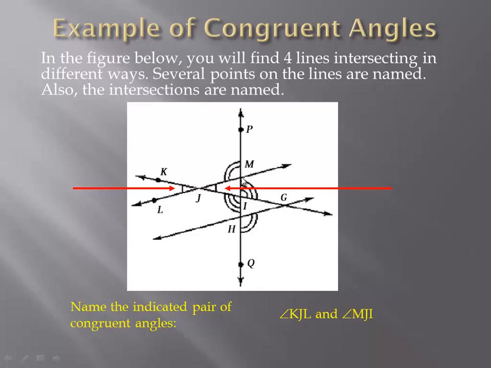So this intersection is called M, this intersection is called I, this one is G, this one is H, that one is J. So the red arrows are pointing to 2 congruent angles, and those are small arcs.